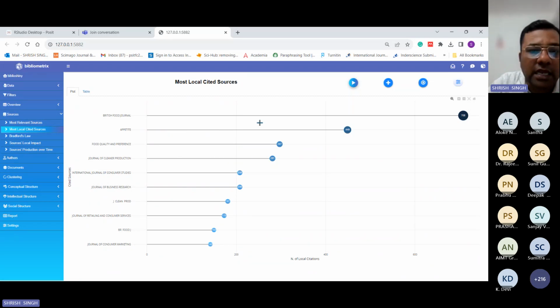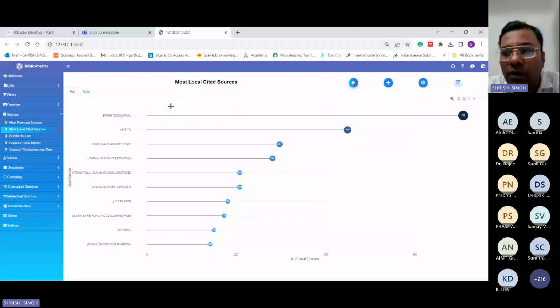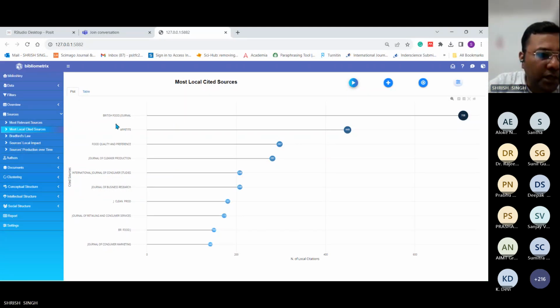That will be very helpful for any other researcher who is coming into your particular area, and if he finds your paper, he will know which is the most important journal, or which is the most important article, or who is the most important author. These are very important metrics which a researcher wants to know before starting his or her research, right? That is why bibliometric analysis is very useful to get published in research journals.